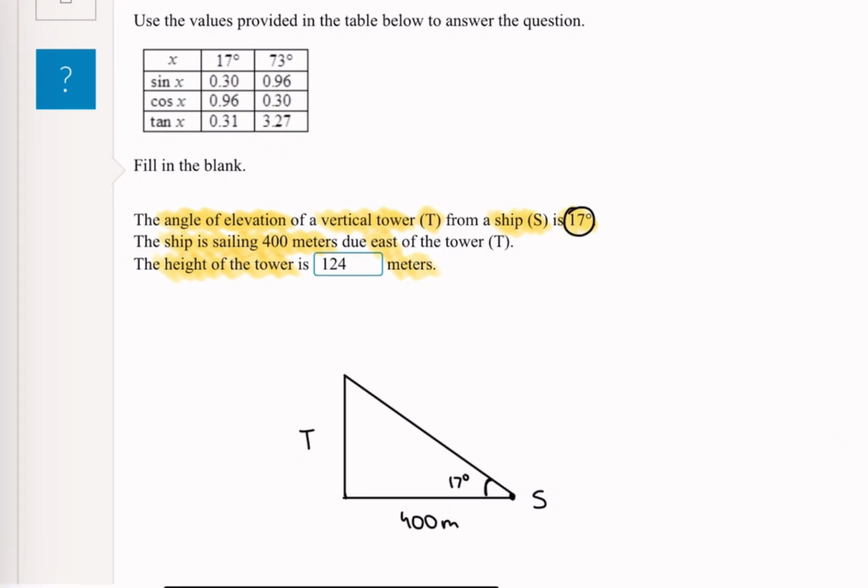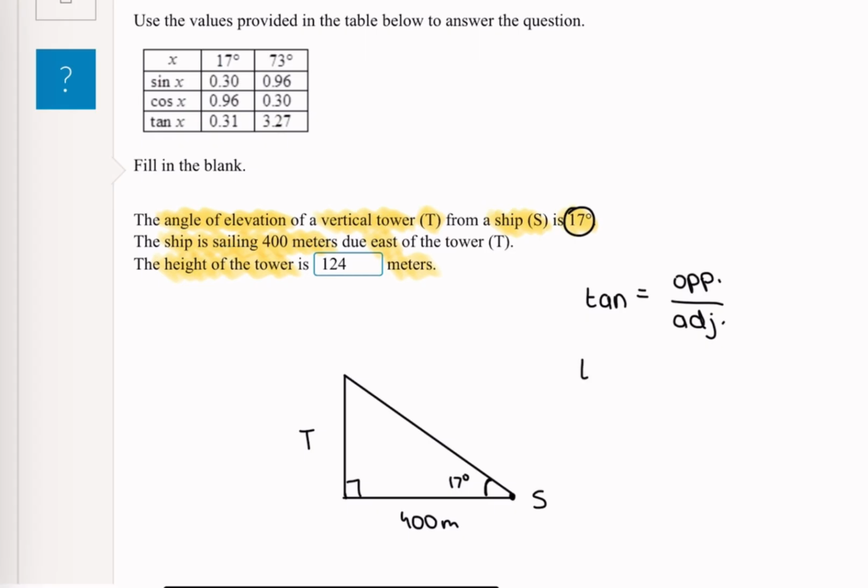To find it, we're going to use the tangent rule, since this is a right angle. So tan is equal to opposite over adjacent. Since we have the angle and the adjacent, we can replace them.